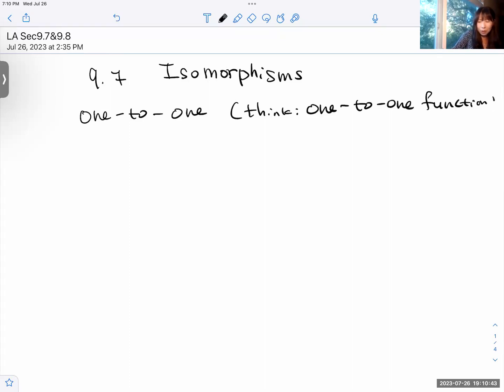So a one-to-one function, it's like this. What is the horizontal line test, right? Okay, so a parabola, that's not one-to-one, right?